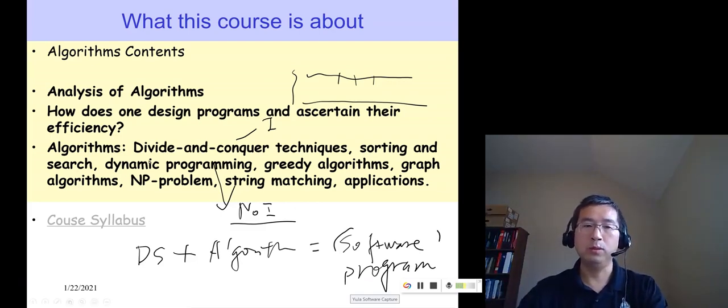We'll learn the strategies here: divide and conquer, sorting and search, dynamic programming, greedy algorithm. If you don't have an approach to solve a problem, you cannot use divide and conquer. It's not a sorting problem, and you also cannot use dynamic programming. Then you can use a greedy algorithm.